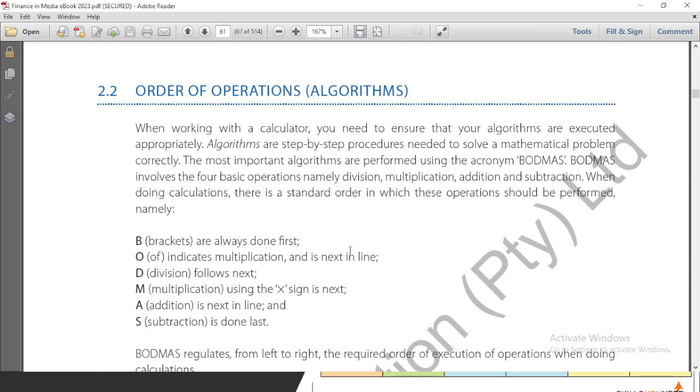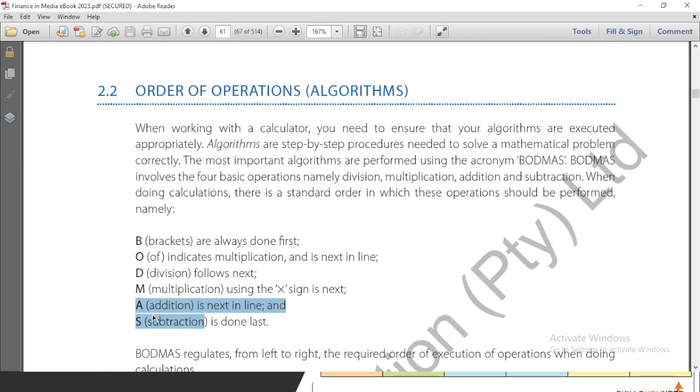So normally division and multiplication can be done simultaneously if they are within the same equation, and addition and subtraction can also be done simultaneously within the same equation, because they have the same weight.